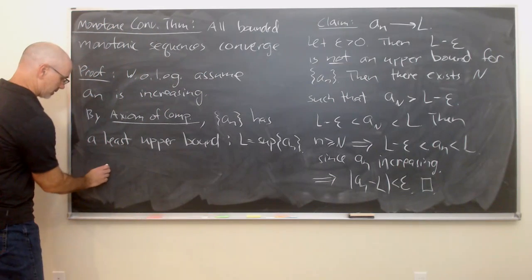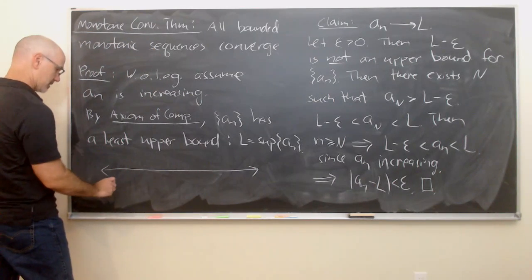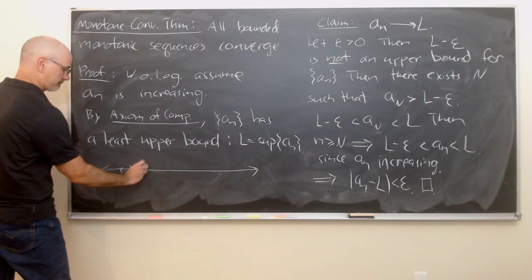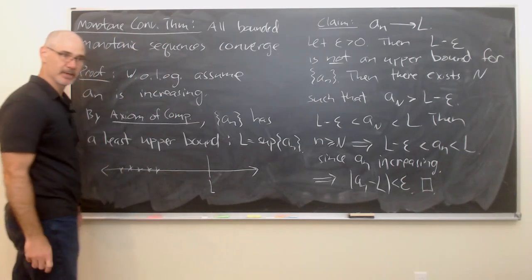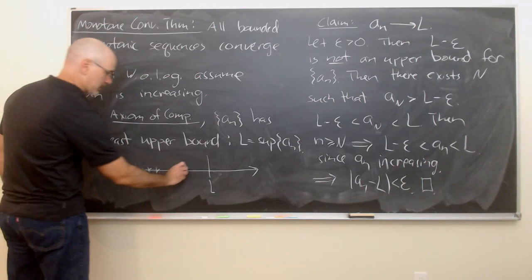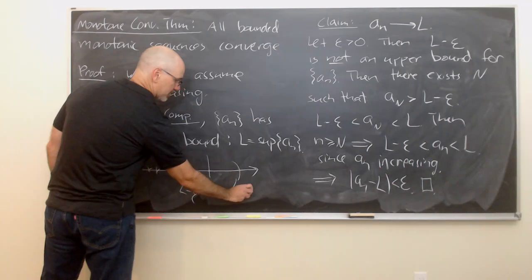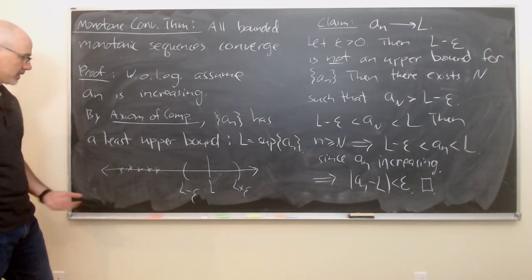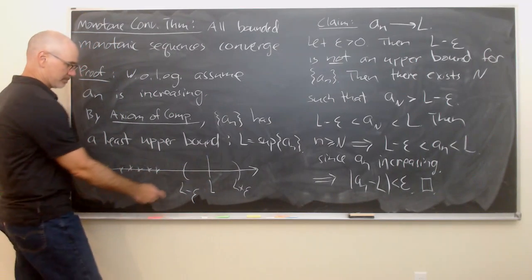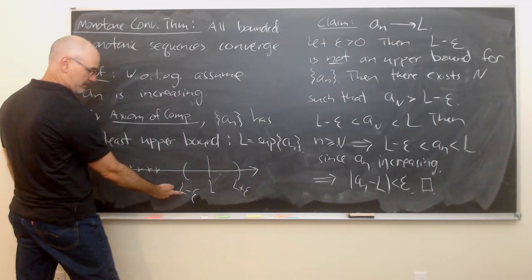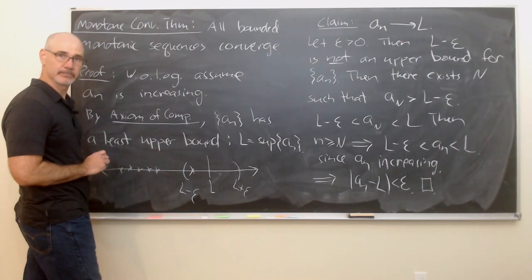Now, just a quick geometric version. We've got some increasing sequence. It's bounded, so it's got a least upper bound, capital L. And we take L minus epsilon. Now this would extend to L plus epsilon, even though we don't need that. So anything in this interval is within epsilon of L. And because L is the least upper bound, L minus epsilon is not an upper bound, so there has to be a member of the sequence in there.